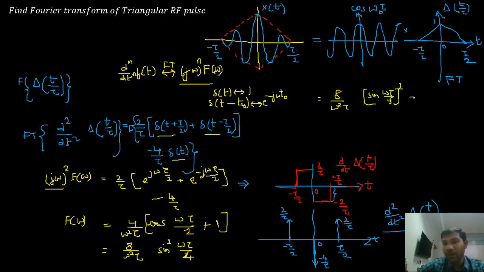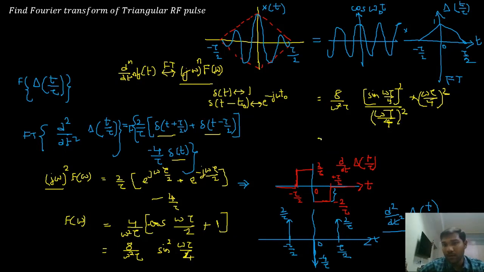Now I'll multiply and divide by omega tau by 4 whole square. Same thing here, omega tau by 4 whole square.